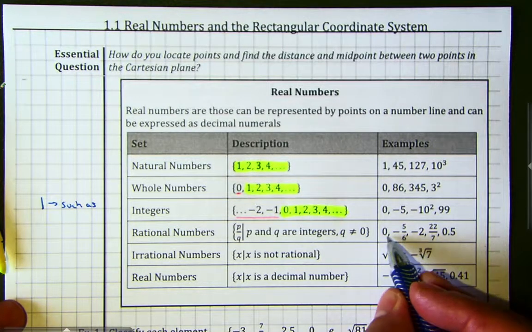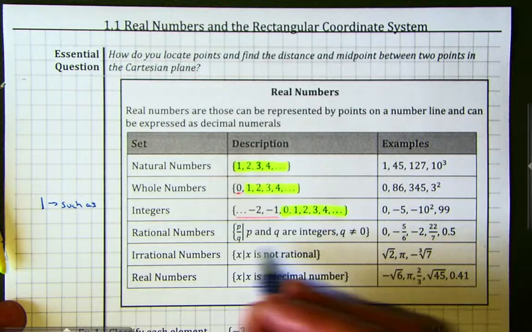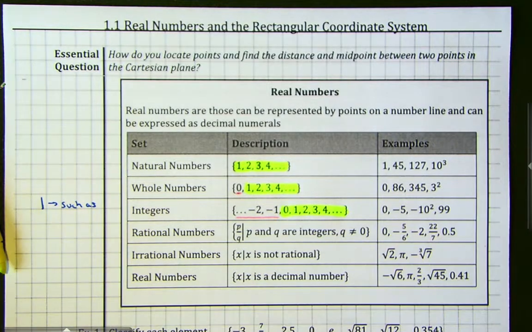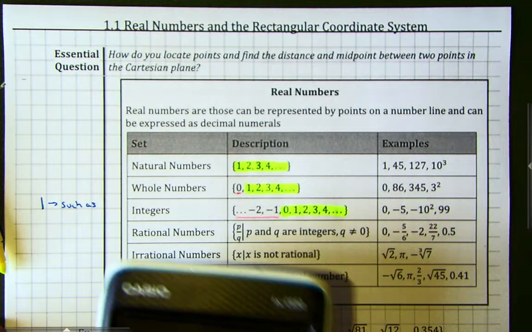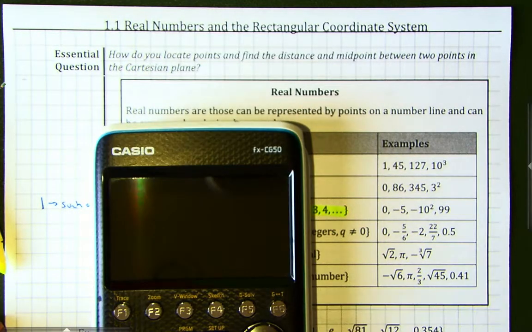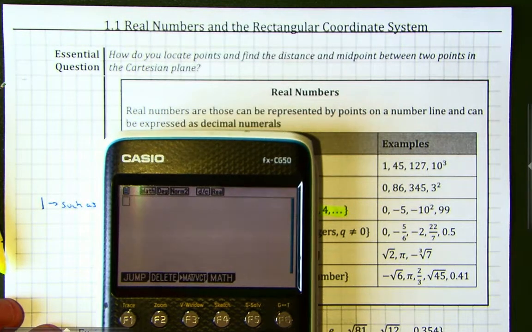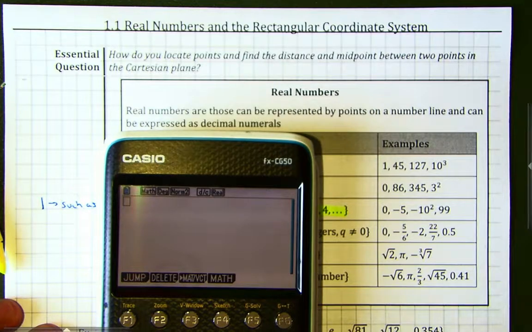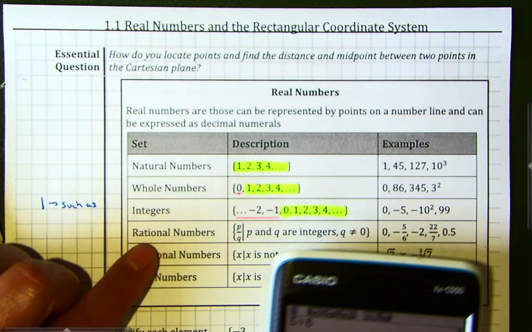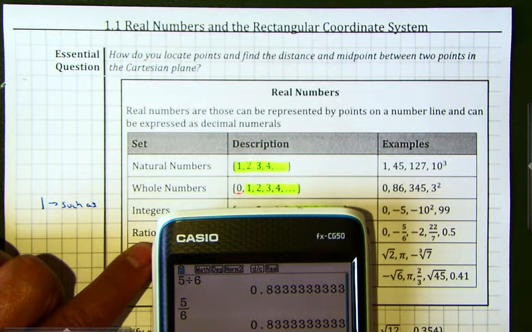So 0, -5, or 6, anything you can write down as a fraction, but when you type it into a calculator, it gives you a decimal that repeats or terminates. For example, 5 divided by 6, which we can type as a fraction, and if I place it as a decimal, that is considered a rational number because the 3 continues and repeats throughout.